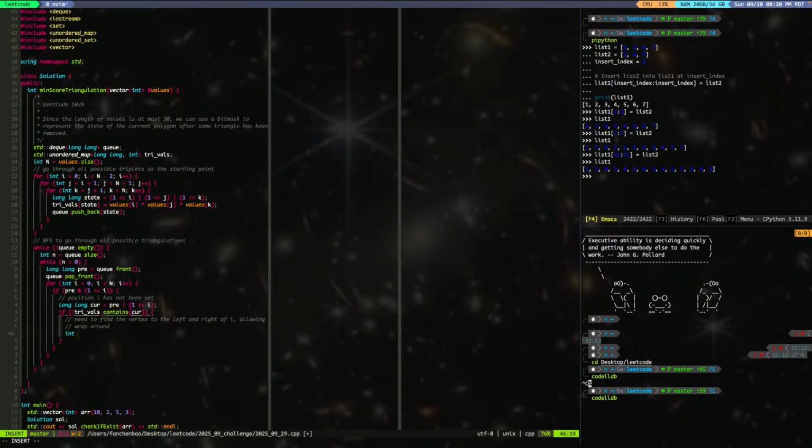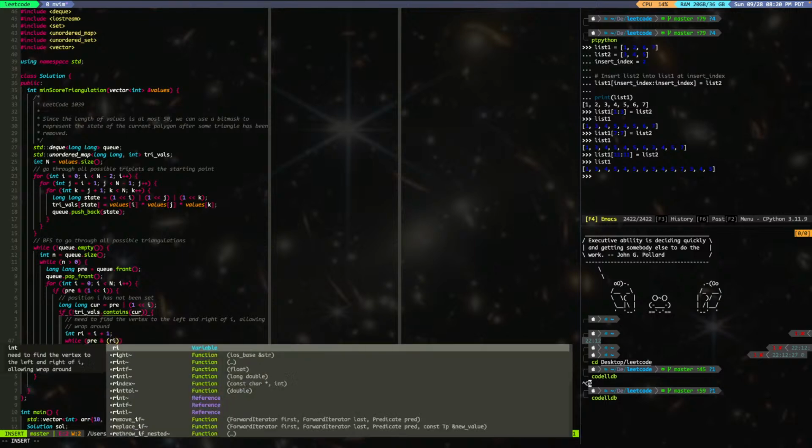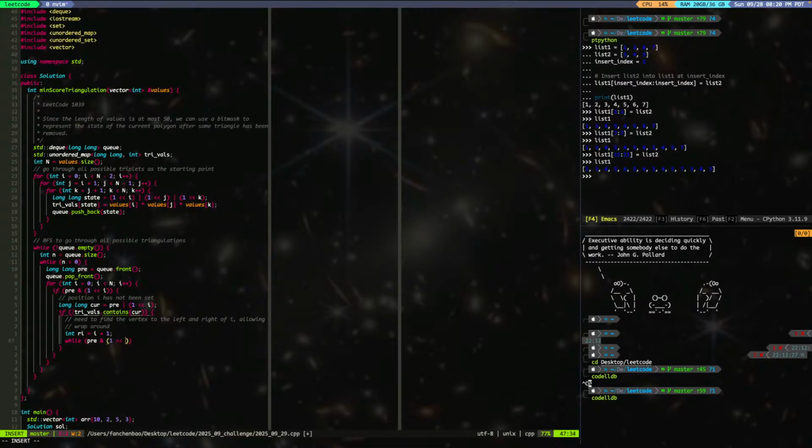So we're going to say int right I shall equal to I plus 1. While pre and this, while this has not been set — this is actually not right.